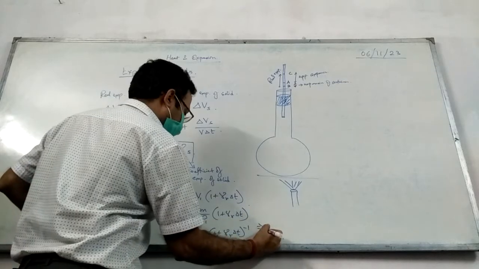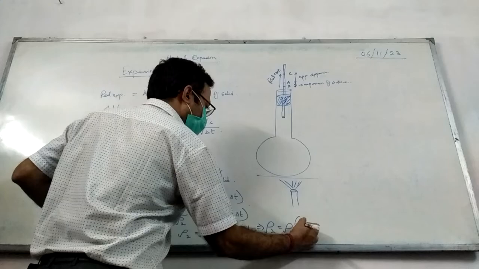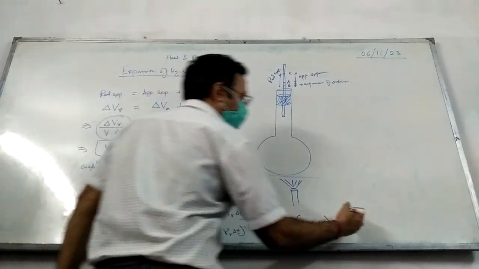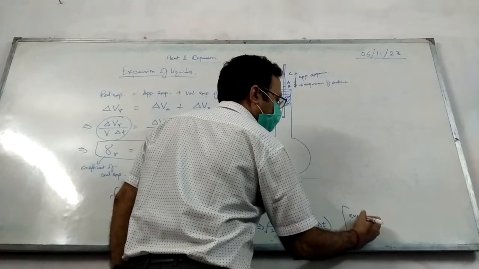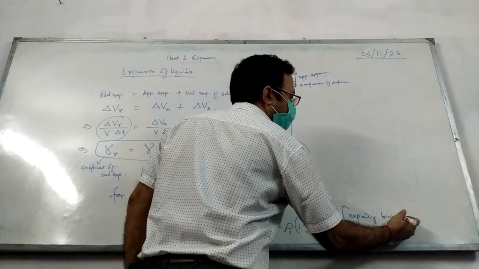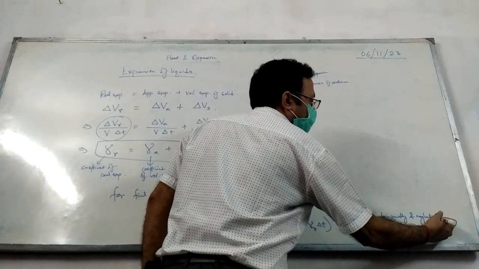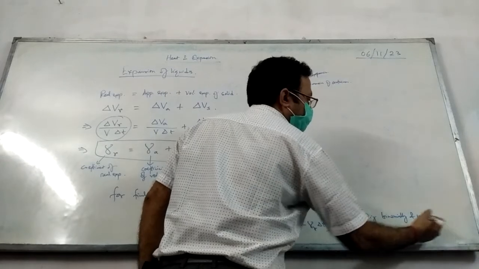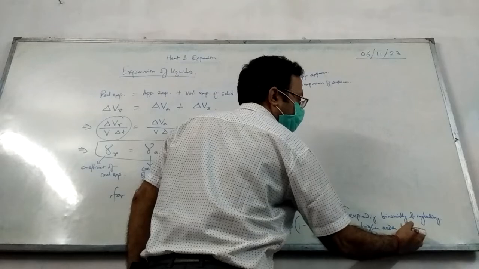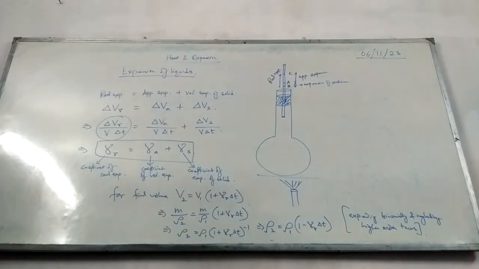So you can write this as rho 2 equal to rho 1 into (1 minus gamma R delta T), but beside it you should always mention expanding binomially and neglecting higher order terms.